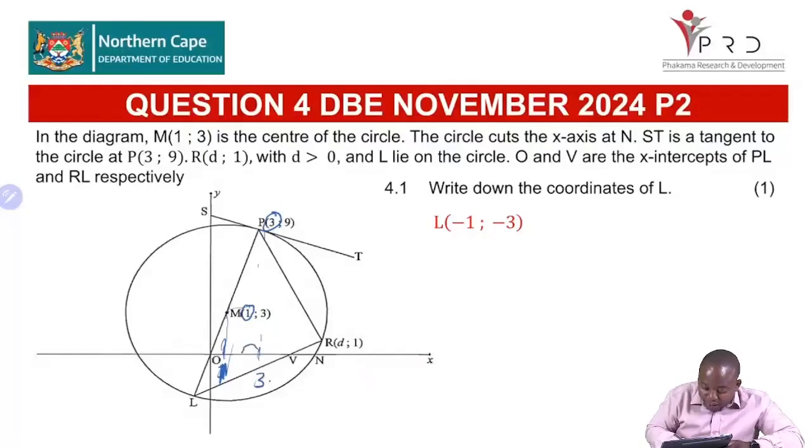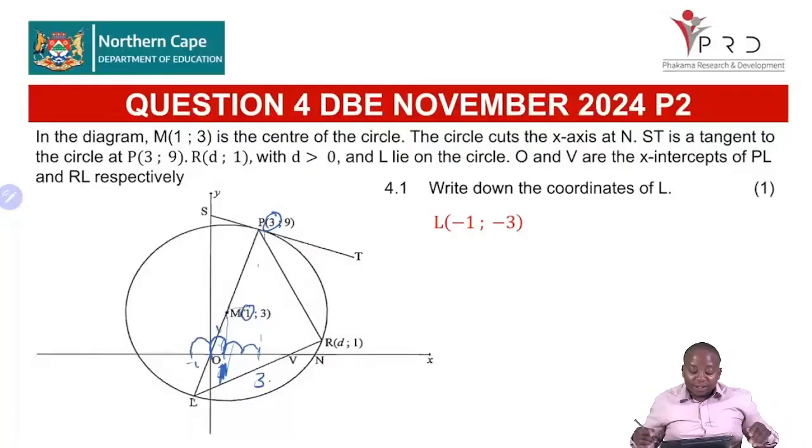It's 2 units. Then, because M is the midpoint, I must also move 2 units from M to L, going down. So 1 unit is 0, and the second unit is -1. That is the transformation in terms of the x-axis, so L is going to be -1.